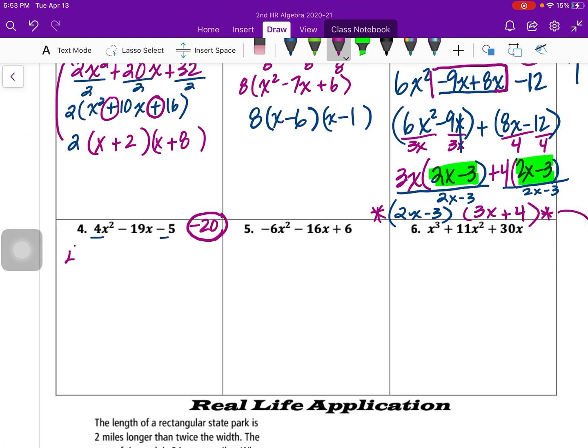So let me show you how this works. So I have 4x squared, my negative 5 goes here, and I need the two factors in the middle here that give me negative 19x. And they have to add up to negative 19, factors of negative 20. So that would be negative 20x and plus 1x.